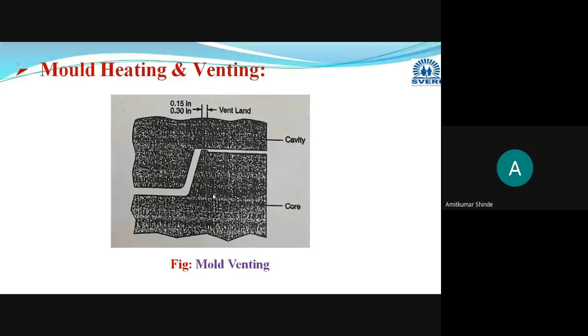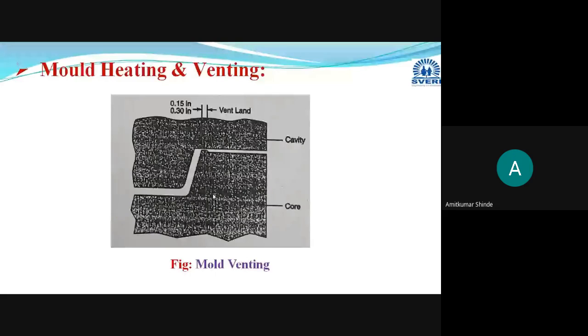It will result in reduced strength of the final product. And to release these gases, vents should be provided.